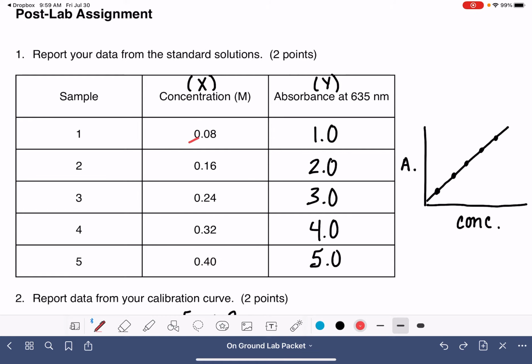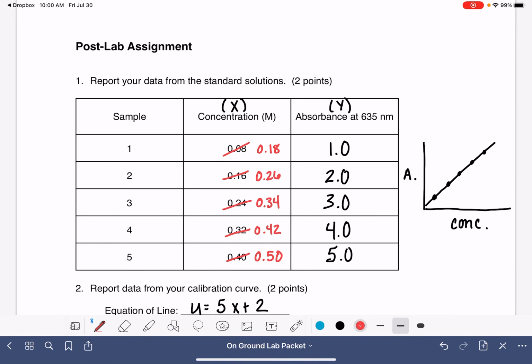But in reality, all of these concentrations were higher than what we thought. So maybe it's 0.18, and maybe it's 0.26, and maybe it's 0.34. I'm just making some numbers up. So all of these numbers are actually higher than we believed, which would mean that this line is not accurate.